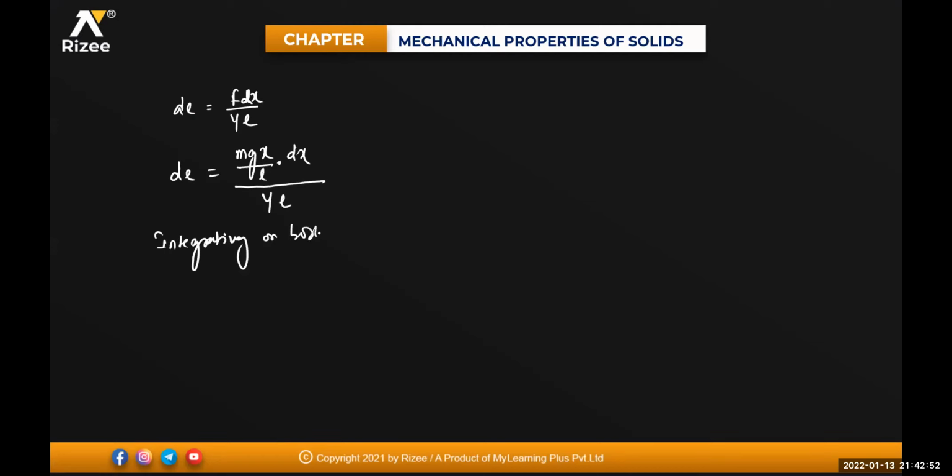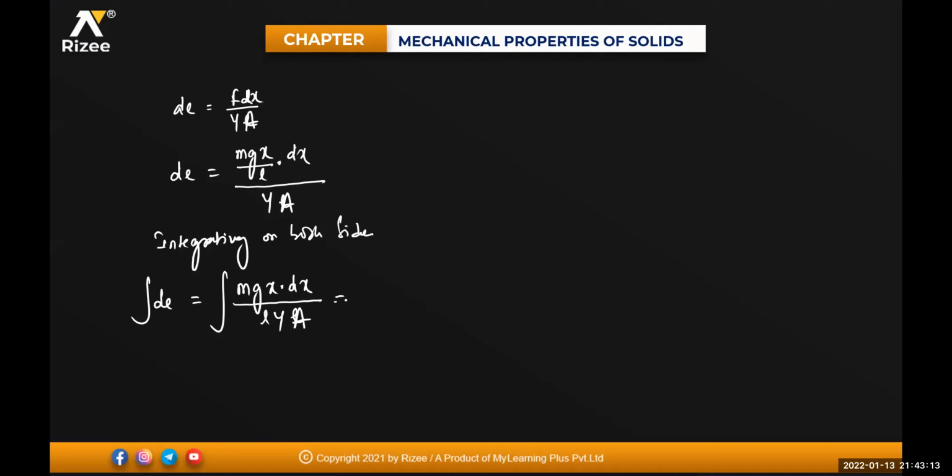Integral of de is equal to integral of mg into x into dx divided by L into Young's modulus into area. Sorry, why I have written this A? This one is your area A.